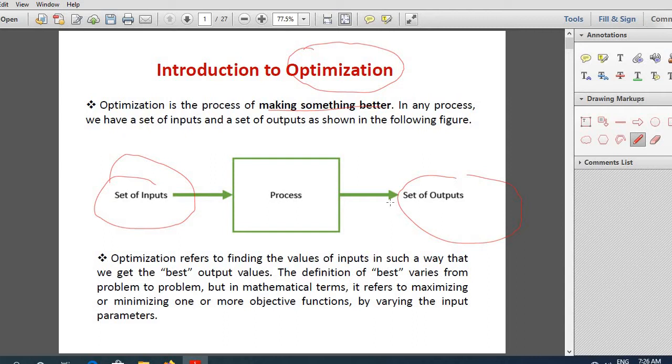So what is this best? It varies from problem to problem. For example, suppose that this process is a manufacturing process for manufacturing some material. The inputs are: you need to set the temperature to some value, you need to inject or give plastic pellets.